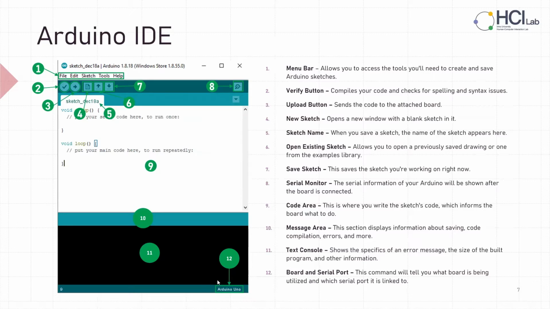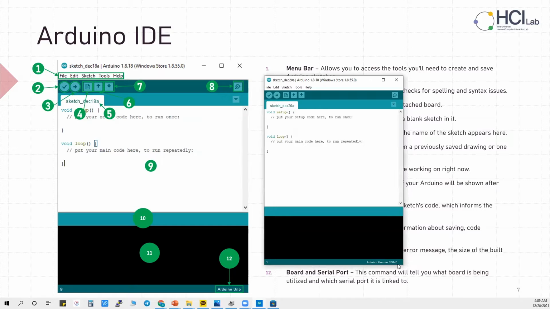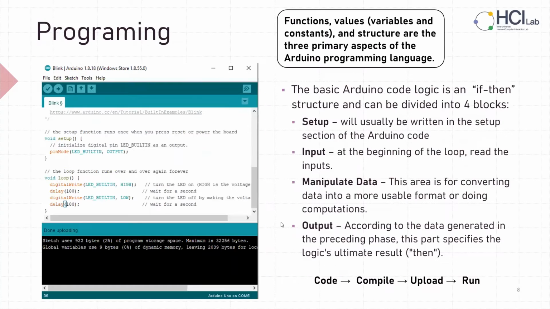And last one is information about your board name and connection, the port. So here we can see the Arduino Uno on COM5, for example.